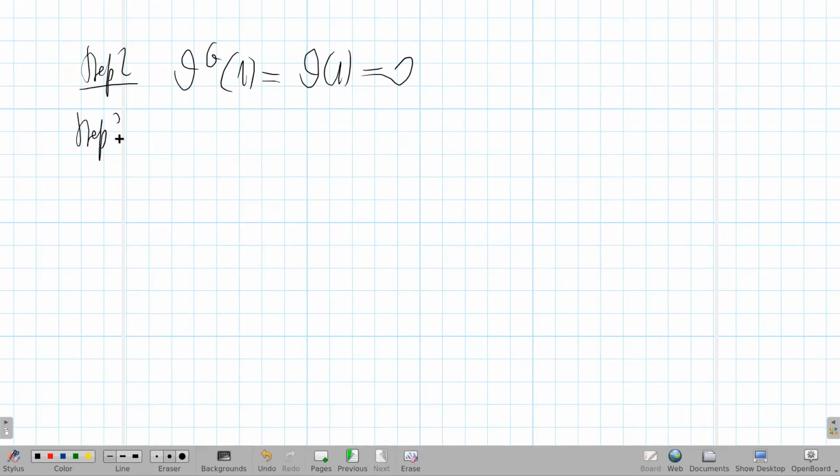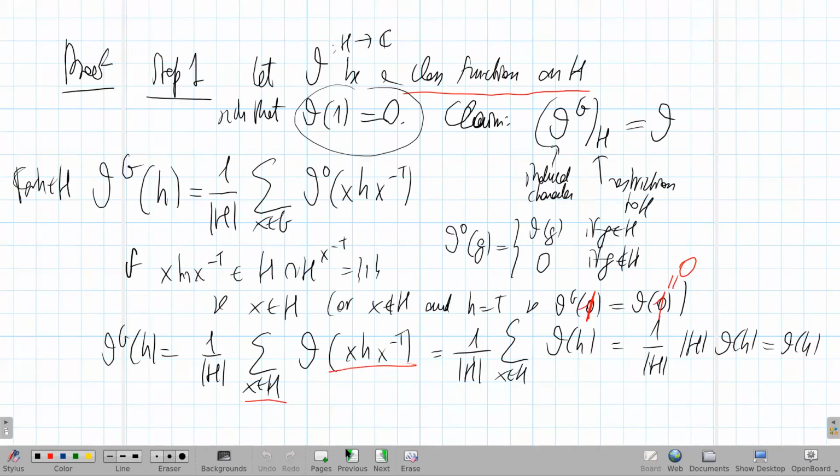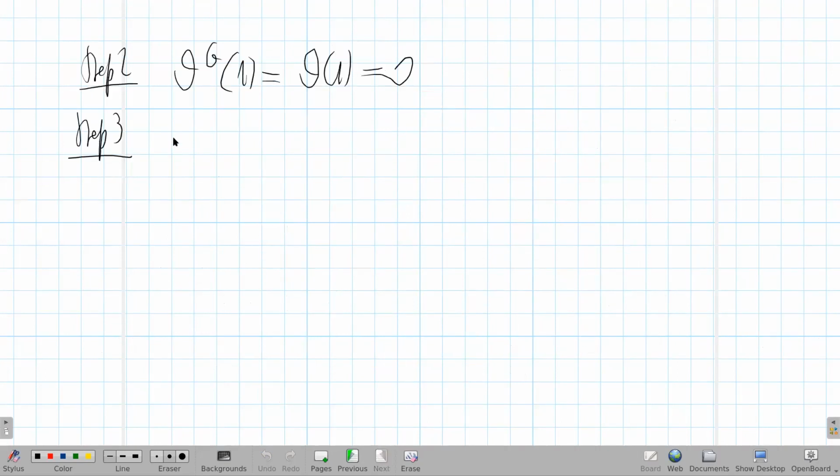Now let's come to step 3. We want to apply this, so we need a class function on H which has value 0 on 1. And what we do is the following. We consider an irreducible character phi of H, which we want to extend to G, different from the trivial character.